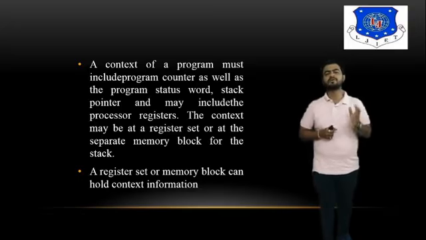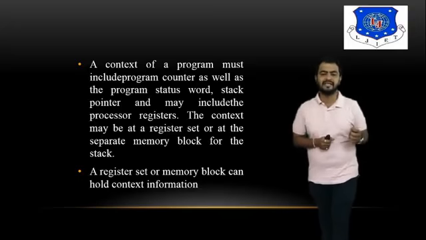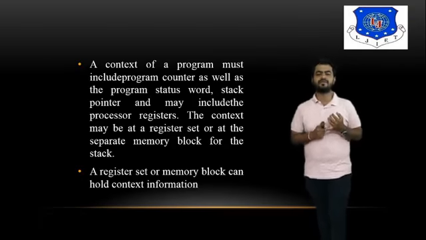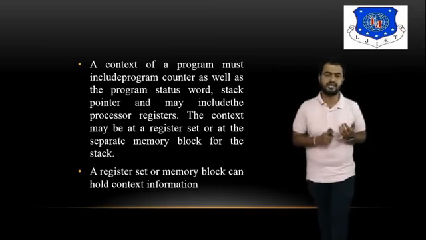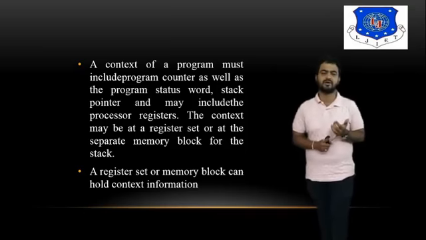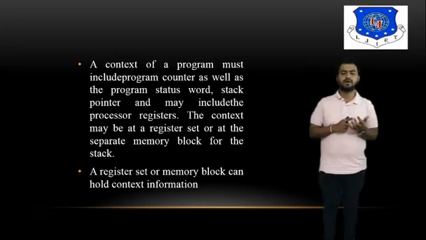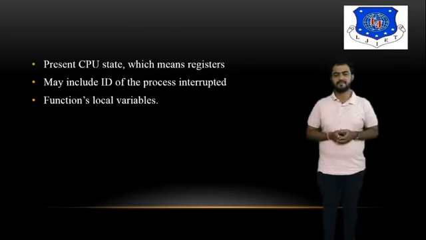So when we're talking about the context, when we're talking about the data, we have to take care of different types of registers. We have to take care of the counters, status words, stack pointer, or different types of processor registers. So basically, when we're talking about the context, ultimately we have to discuss the registers.